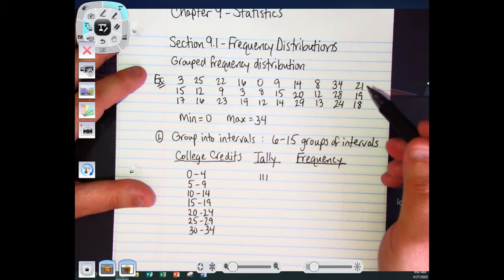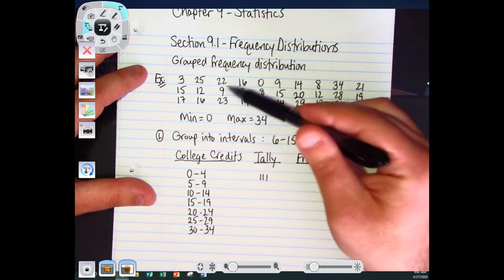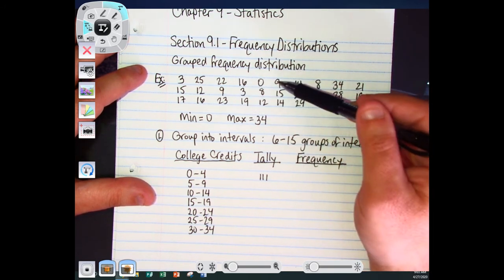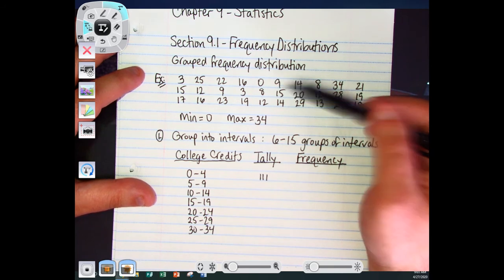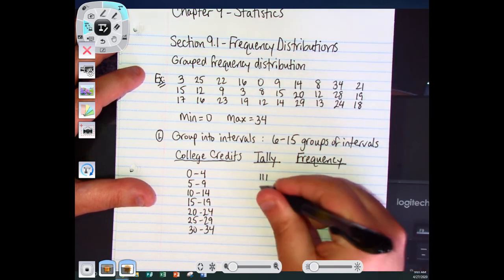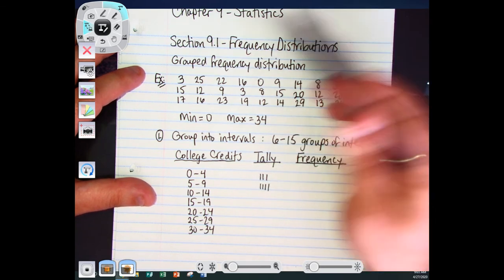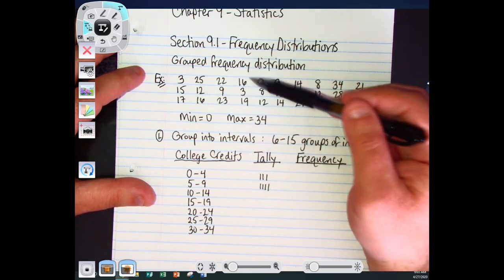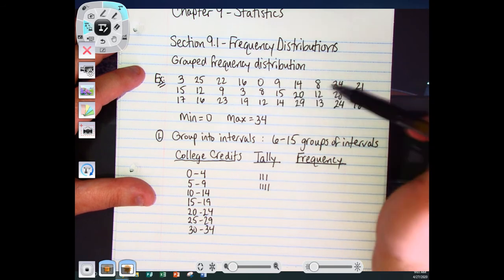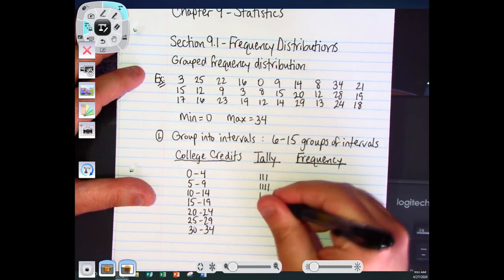All right, so for my 5 to 9s, we have 1, 2, 3, and I'm missing one, so 1, 2, 3, 4. For 10 to 14, 1, 2, 3, 4, 5.